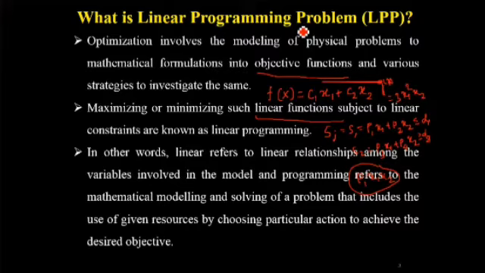So when a problem can be derived through mathematical modeling and represented in a linear objective function and constraints, then that is called a linear programming problem. I hope it is now clear. When we deal with non-linear, it will also help us understand the difference between linear and non-linear programming problems.